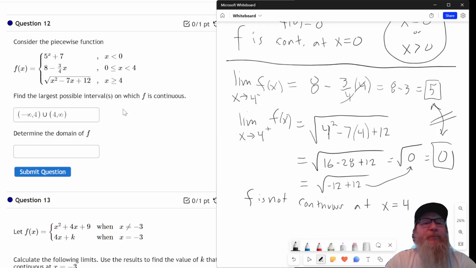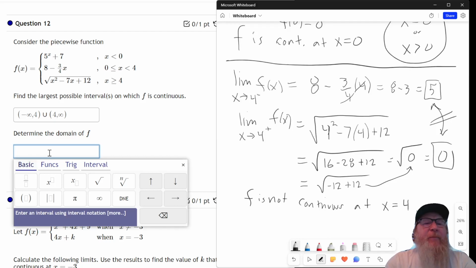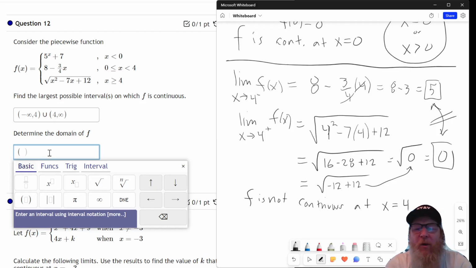All right. Now, when a function is not piecewise, then the answer to the first part and the second part are typically the same for most functions, right? We had that whole list of functions there. But in this case, the domain and the continuity are different, right? Because 4 is actually in the domain.